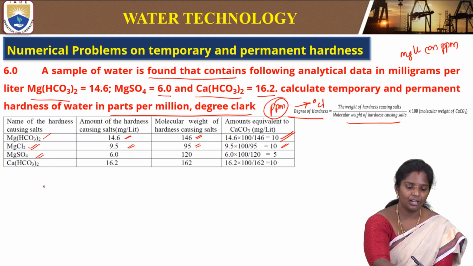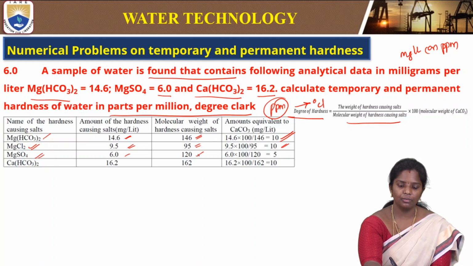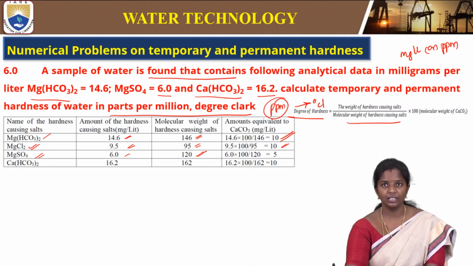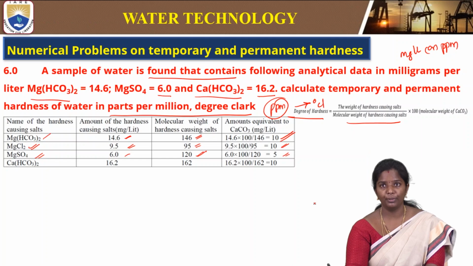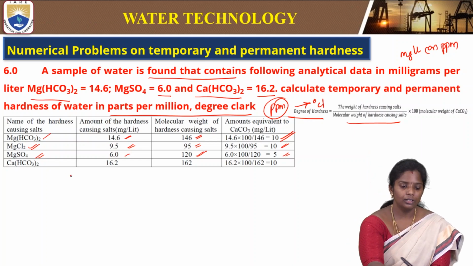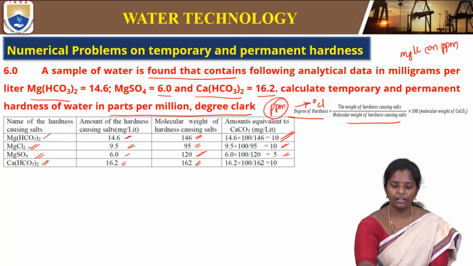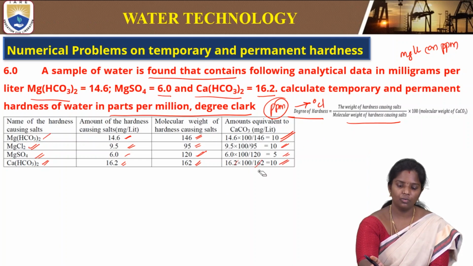And for magnesium sulfate, it is 6. Molecular weight for the magnesium sulfate is 120, and 6 into 100 by 120 we get 5 ppm or mg per liter of hardness. Then calcium carbonate is 16.2 and its molecular weight is 162, and after calculations we get 10. So this is how we have to calculate and then apply for the temporary hardness and permanent hardness.